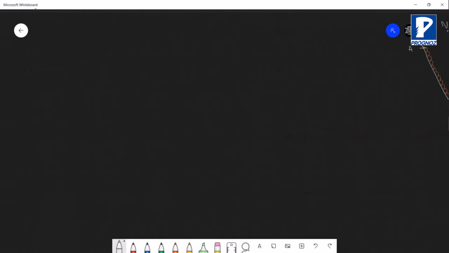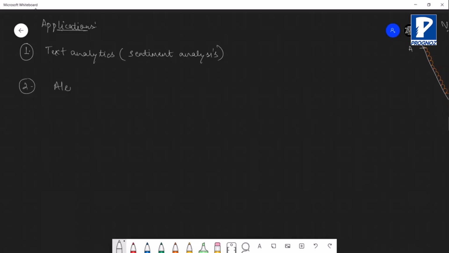देखो, what are the different applications? Okay. So the first and best example is your text analytics, which in layman term is also known as sentiment classification or sentiment analysis. दूसरा application है your Alexa, obviously.